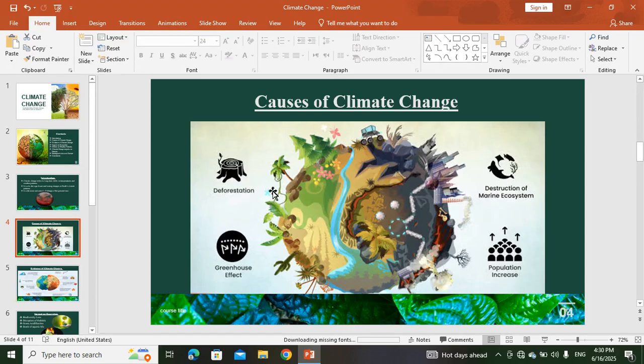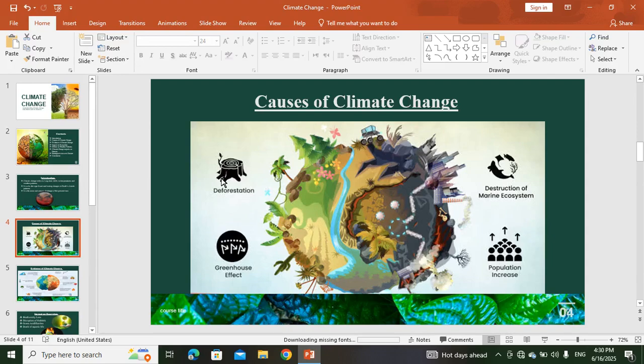So the right side picture shows the problems of climate change: industrialization, vehicles, deforestation, and the left side picture shows that forestation, trees and plants help recover the climate.